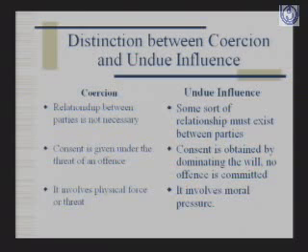First, a relationship between the parties is not necessary in case of coercion, whereas in the case of undue influence, the relationship must exist between the parties. Secondly, in coercion consent is given under the threat of an offence. Offence may be either under the IPC or threatening to detain a property. Whereas in case of undue influence, the consent is obtained by dominating the will of the other person.